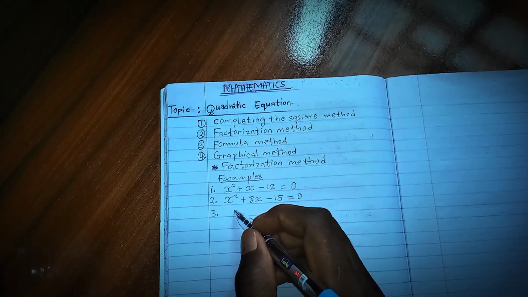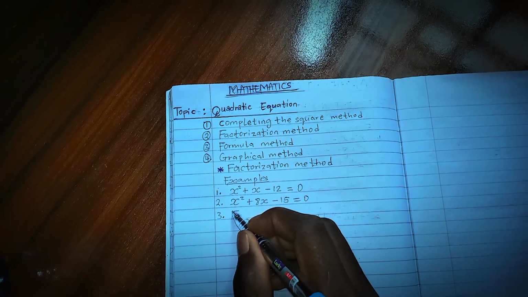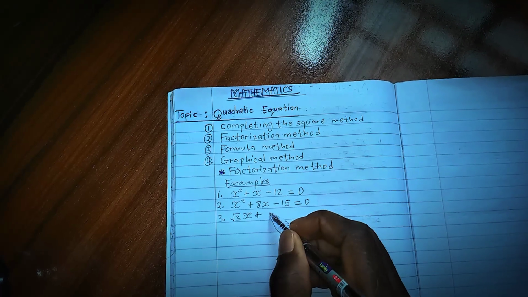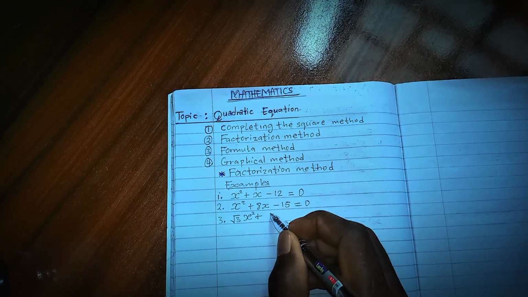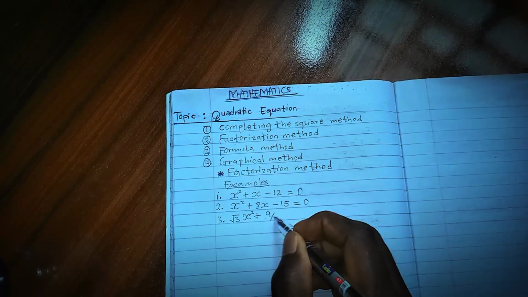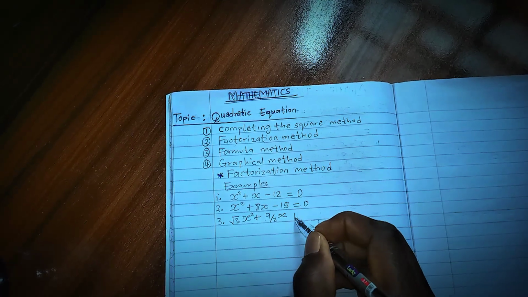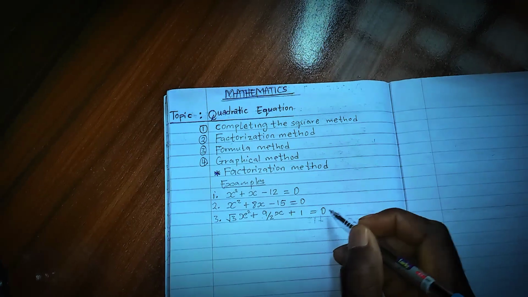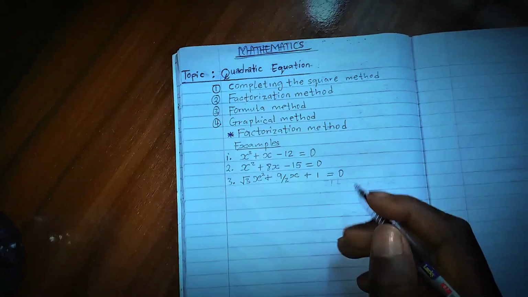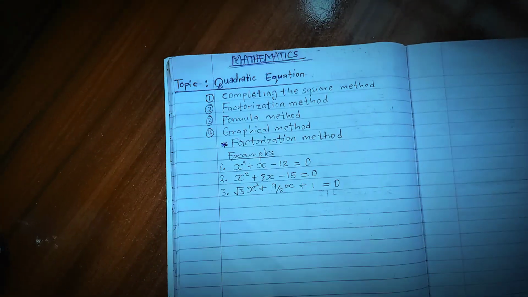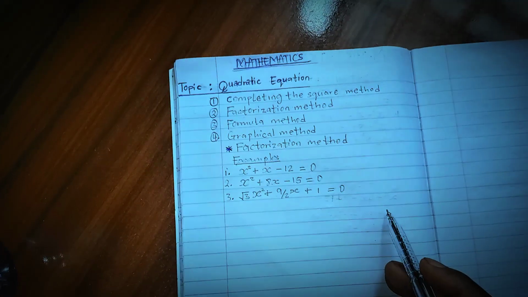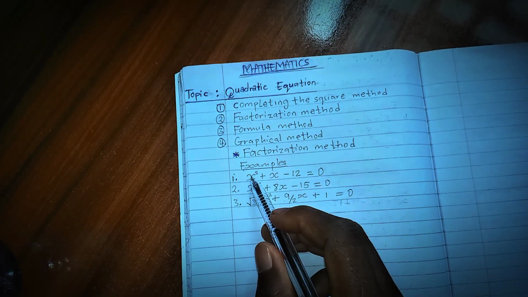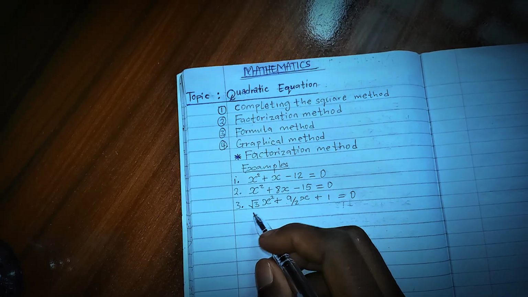And the third, let's say we have root 3x plus x squared, rather, plus 9 over 2x plus 1 equal to 0. And we have to solve this by the factorization method. Let's start with the first one.